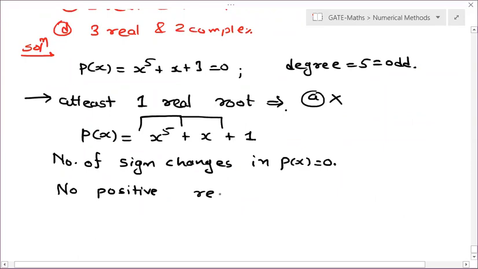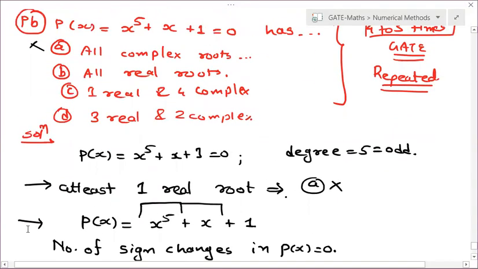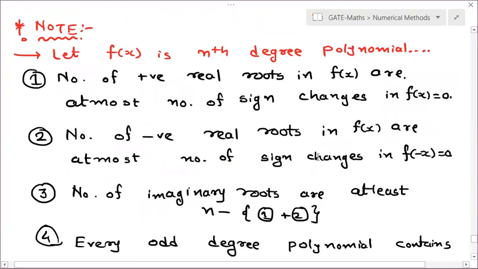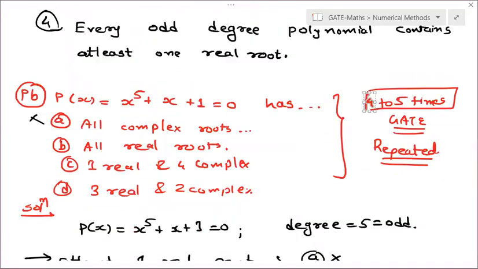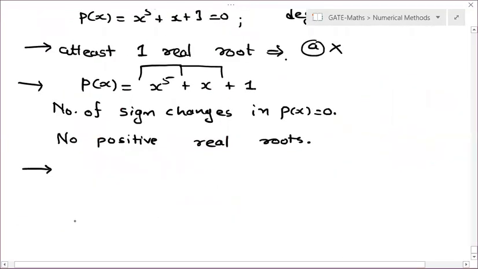Now let us check about negative roots, the second step. You have to find the number of sign changes in f of minus x. So let us first find p of minus x. Just replace x with minus x.